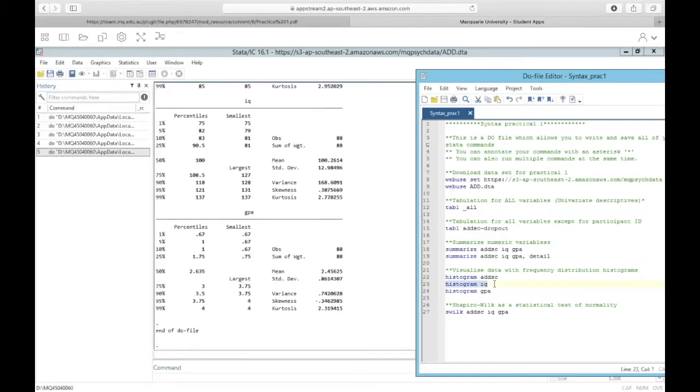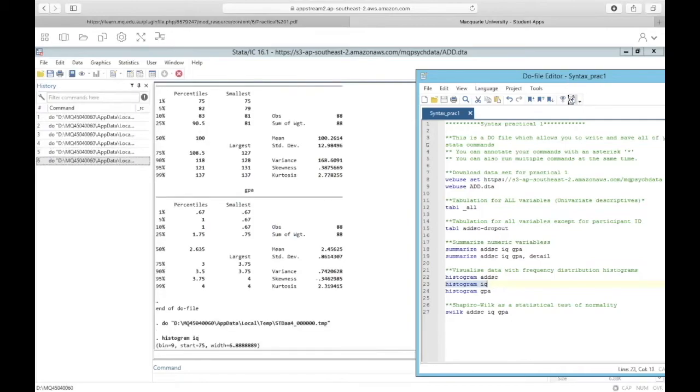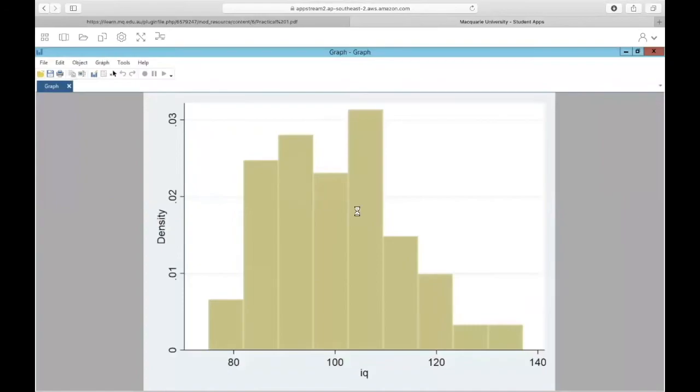Now, there are ways to visualize each frequency distribution at the same time, but that includes a fair bit more syntax. So I'm just going to go ahead and demonstrate individually. If we run that command, we can see our frequency distribution for IQ.